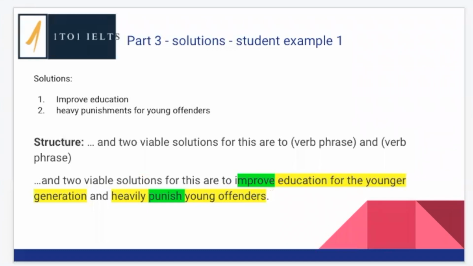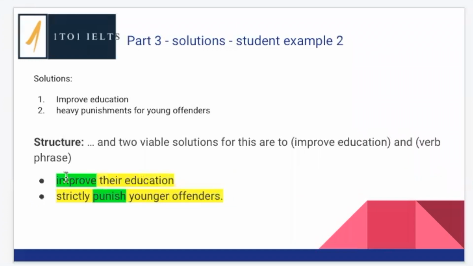Let's have a look at another example from one of my students. Once again, we have exactly the same solutions that we're going to have a look at, but their verb phrases are a little bit different. The first verb phrase was a bit simpler. They just said improve their education. And the second verb phrase, again, they are starting with an adverb here, and they said strictly punish young offenders.